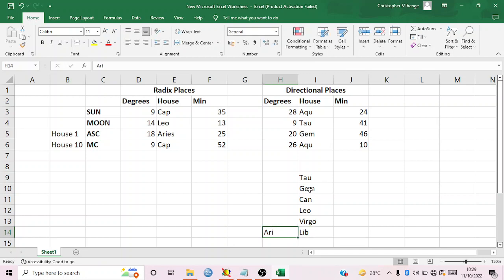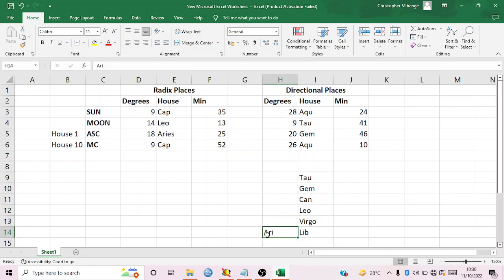So for us to know which position is opposite or square to each house, we'll start with Aries, the first house. We'll have 6 boxes here and 6 boxes this side.